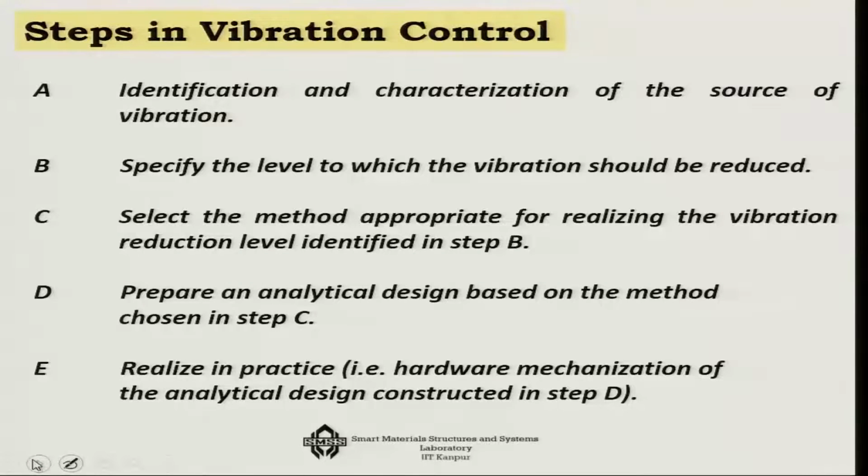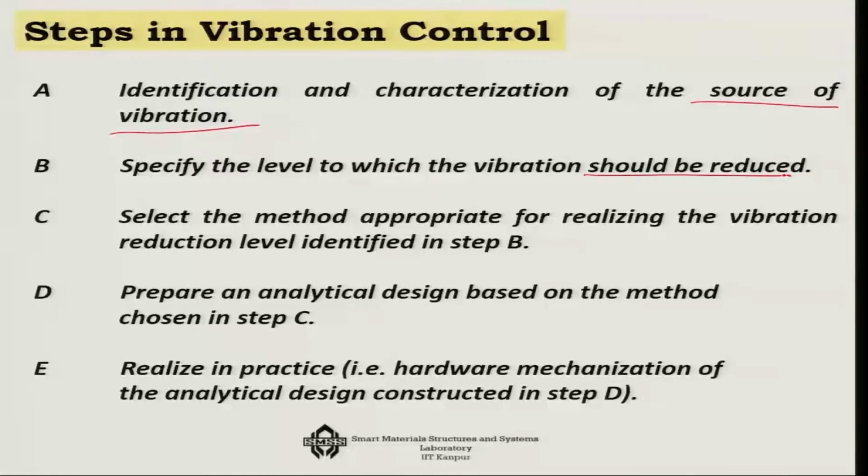So, what are the steps in vibration control? The first step is identification and characterization of the source of vibration. We have to keep this point in mind. Then you have to specify the level to which this vibration should be reduced. We may say, bring the vibration down to 0, but that makes no sense. All engineering design talks about some kind of quantification, so that level, based on the system we are talking about, has to be defined first.